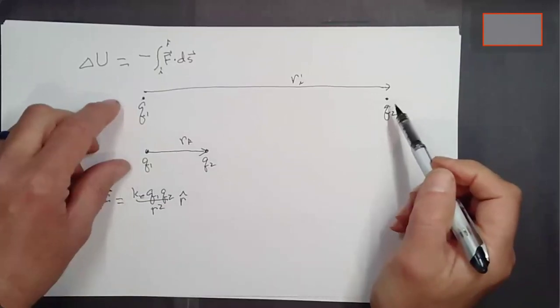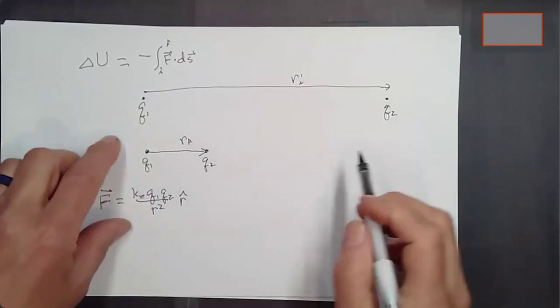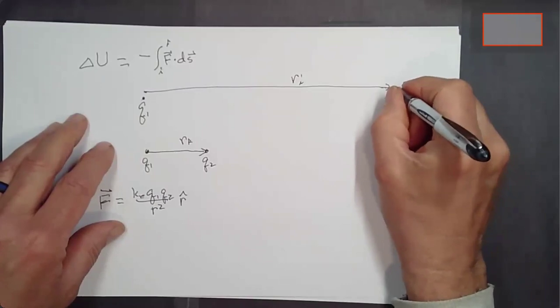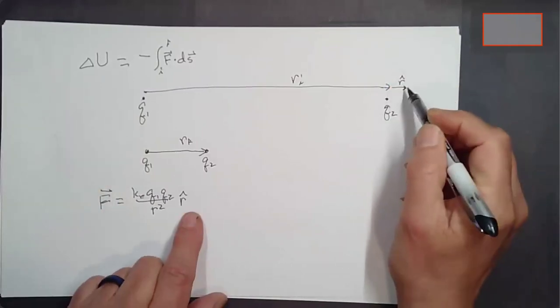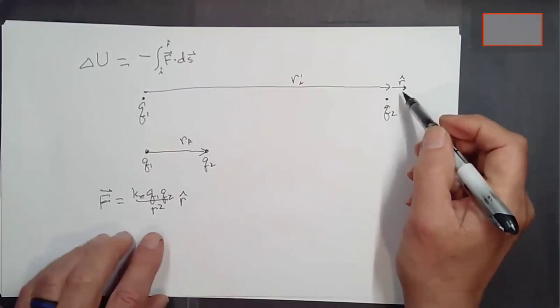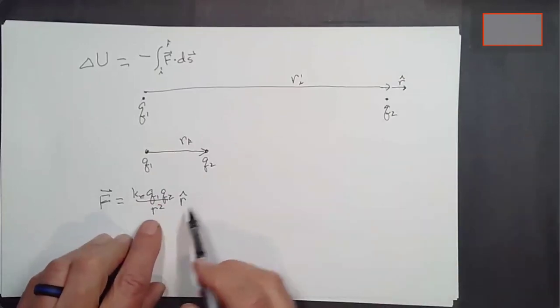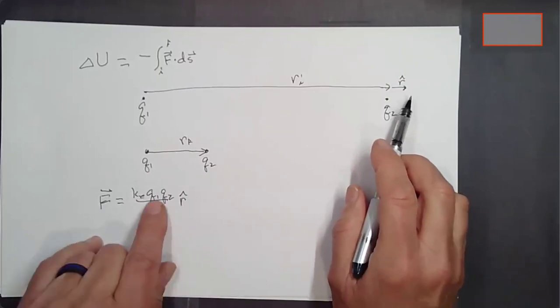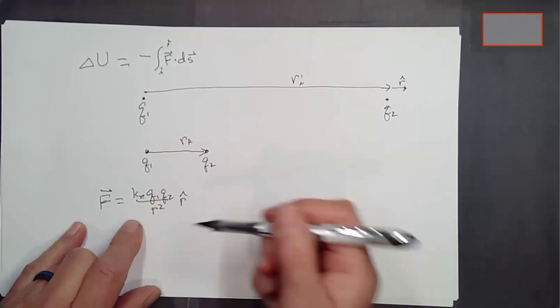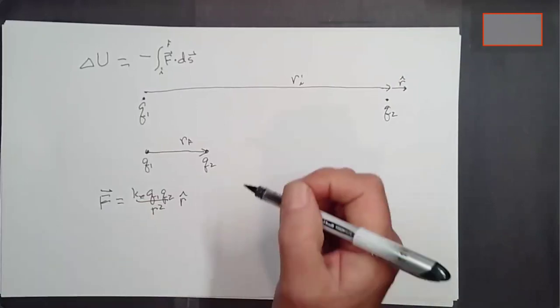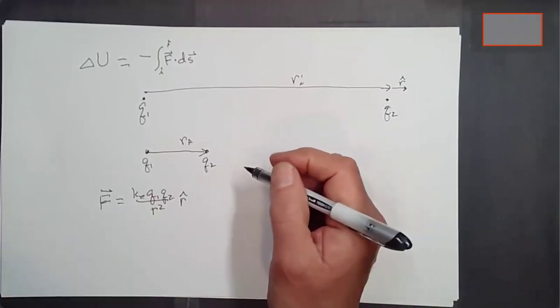And if they happen to be the same charge, then R hat is pointing in that direction anyway. As long as they're the same charge, the force will be in that direction. If they're opposite charges, then this product would be negative and you'd actually have it in. But let's see what can happen here.